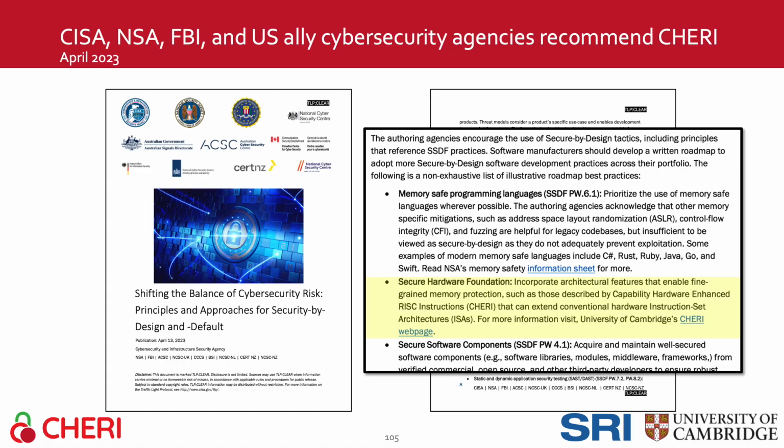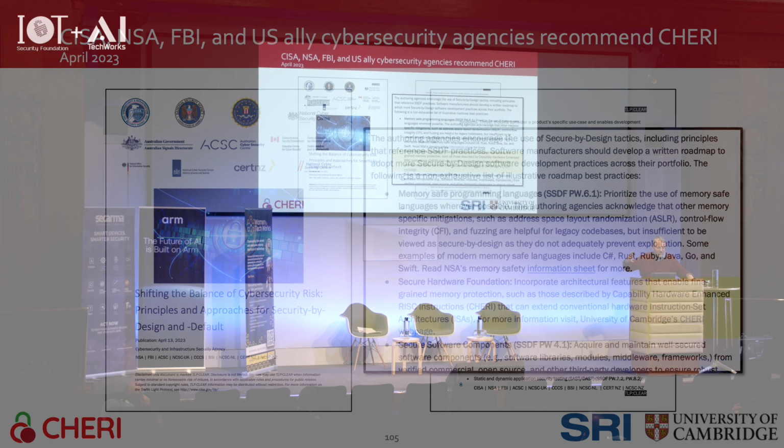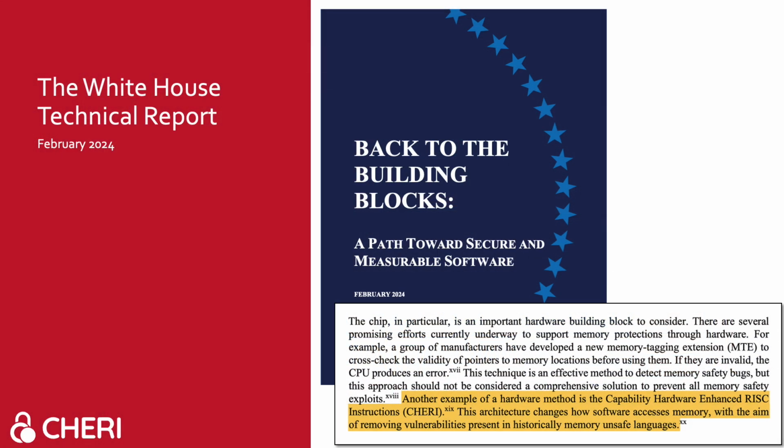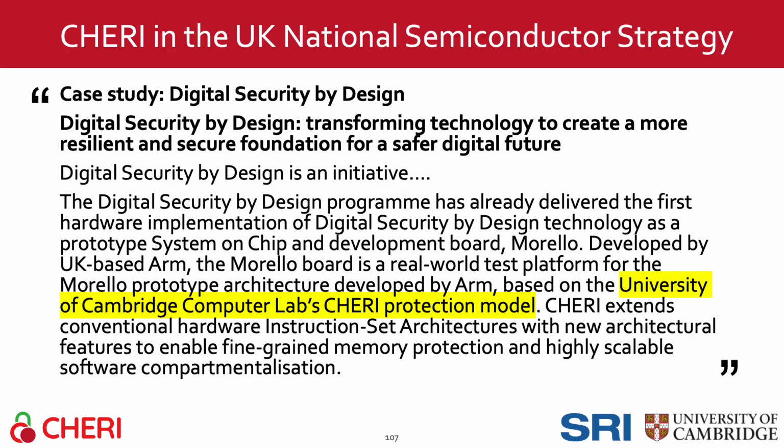There's this Five Eyes report that is really trying to push industry to build fundamentally more secure systems, and they recommend CHERI as the secure hardware foundation. And under the previous administration, we saw things coming out of the White House also pushing technologies like CHERI, and CHERI is also part of the National Semiconductor Strategy.